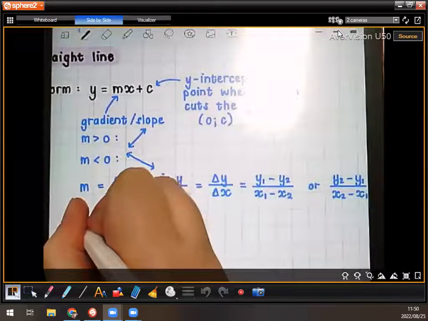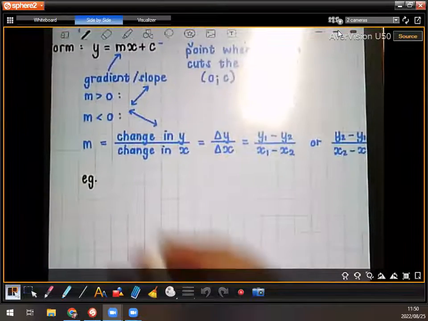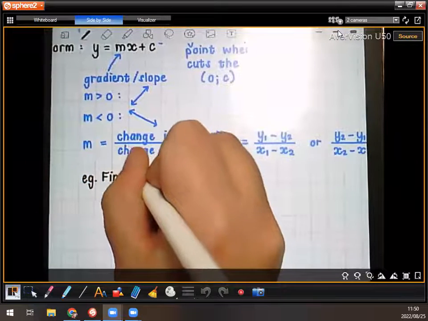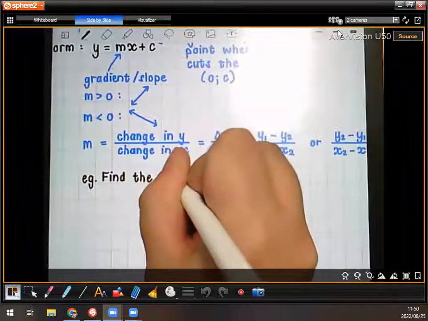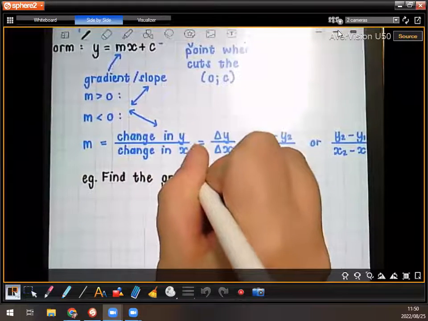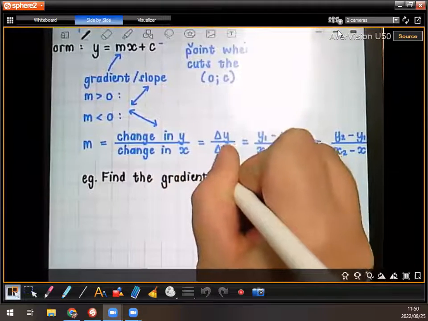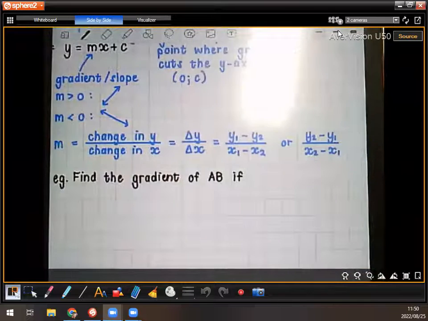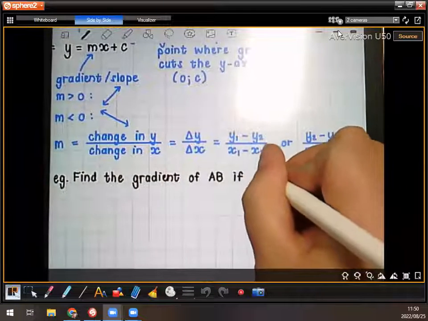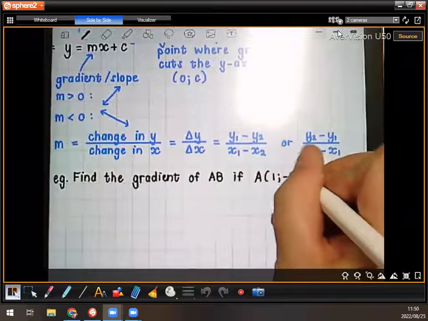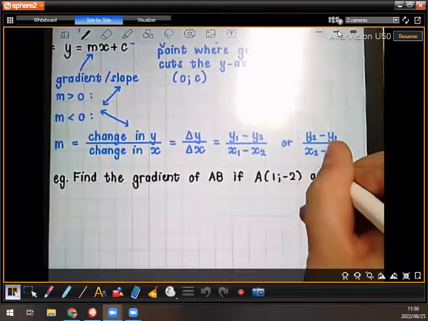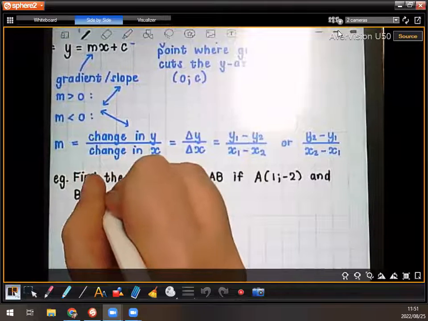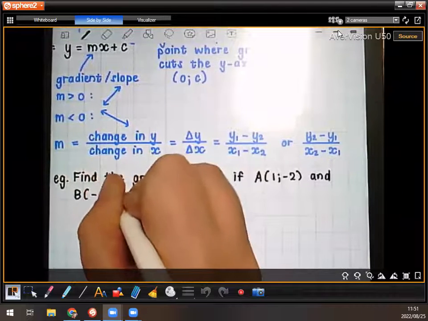Just quickly, for example, find the gradient of AB if A is the point 1, negative 2, and B is the point negative 4, 6.